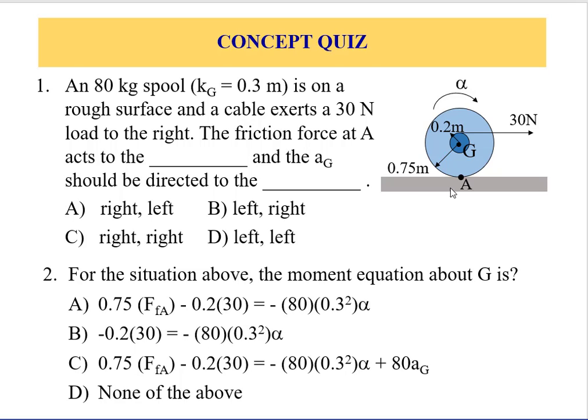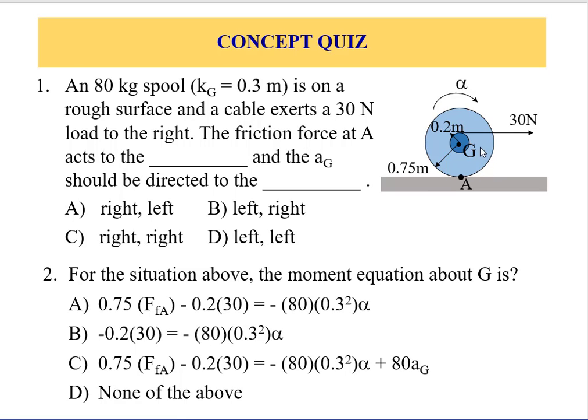Let's take a look at the same problem, but we want to calculate the moment equation about G. Now consider that the positive direction of moment is counterclockwise, right? Since alpha is clockwise, negative alpha multiplied by IG is equal to the moments of the 30 and the moment of the force which is to the right.